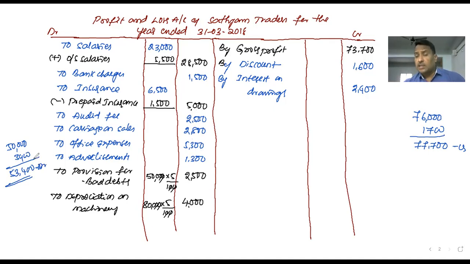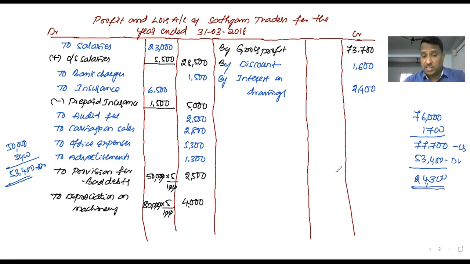53,400 means the total amount of credit is higher than the total amount of debit, which means the profits are more than expenses and losses in this profit and loss account. So now let's subtract 53,400 from 77,700. What is the result? 24,300.